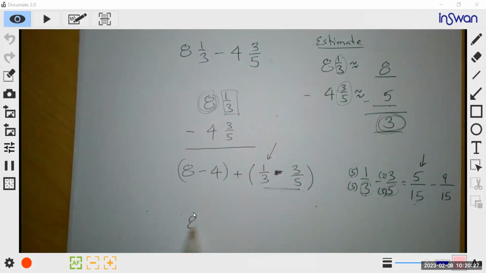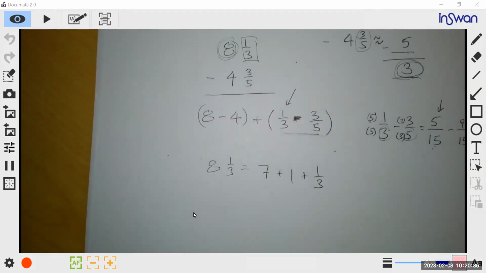So 8 1/3 becomes 7 plus 1 plus 1/3. Make that into a fraction. Remember we talked about in the first page? What is 1 equal? Or any number. So since the denominator is 3, we have to have 3/3.